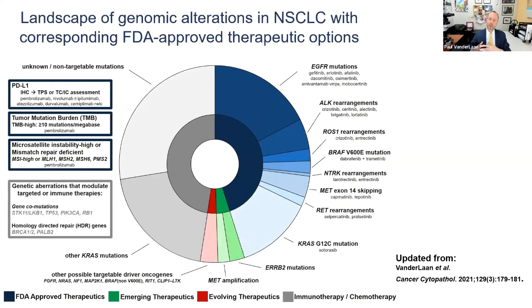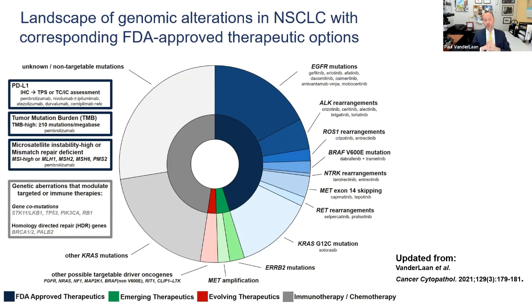And so, as we're all very aware, the landscape of biomarker testing in non-small cell lung cancer really has changed dramatically over the past decade or so, with multiple gene targets being identified that have approved FDA therapies.